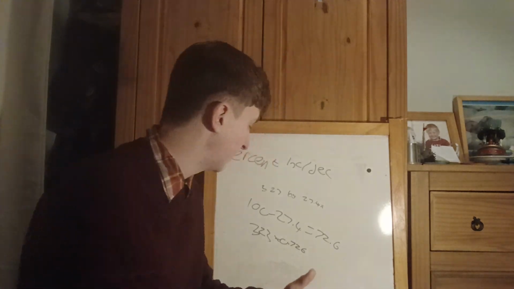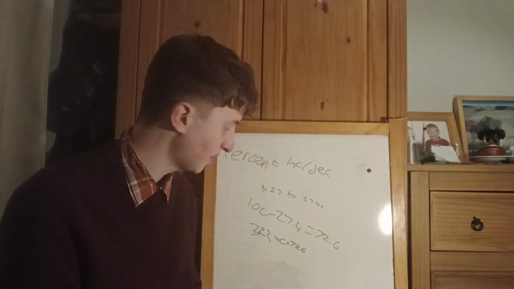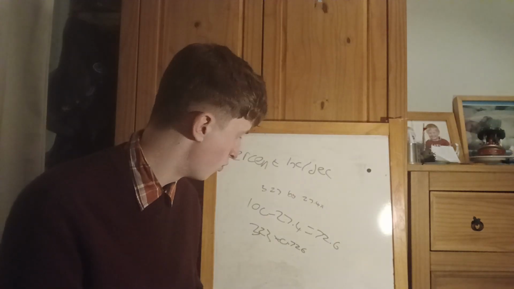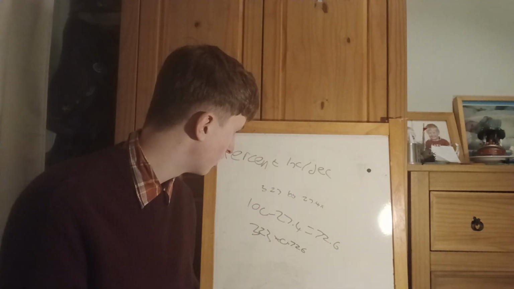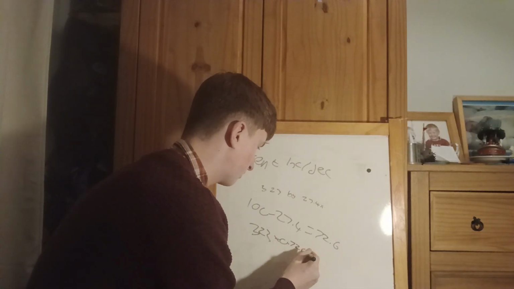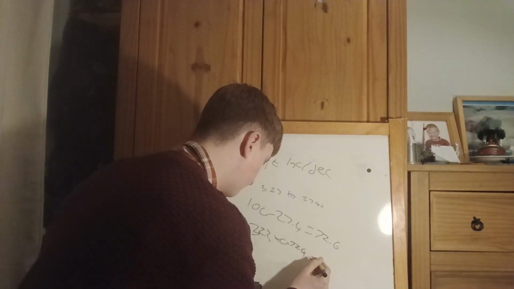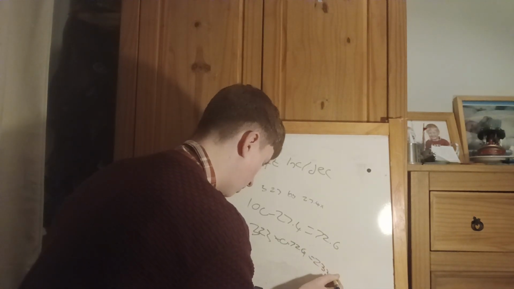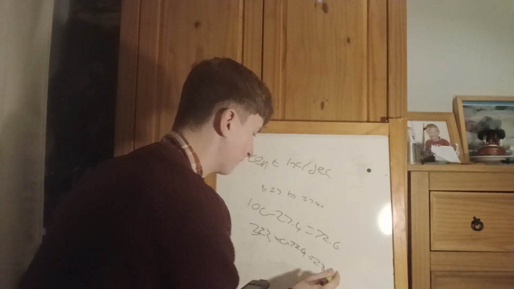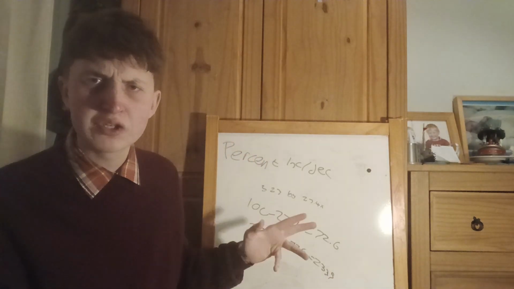Let's type this into our calculator: 323 times 0.726, which gives us 234.5. Let's round it off. So that is decreasing by decimals.